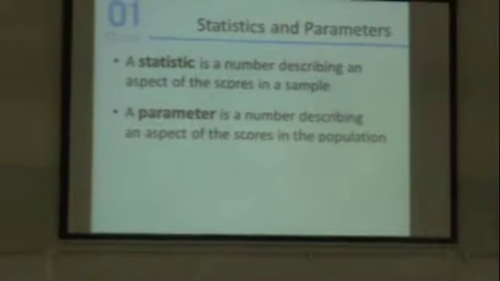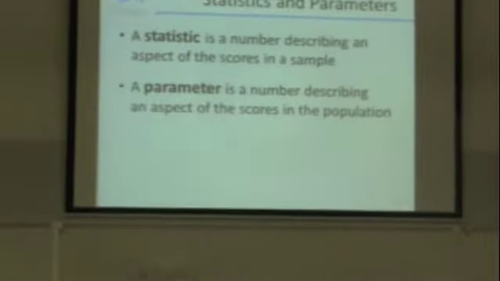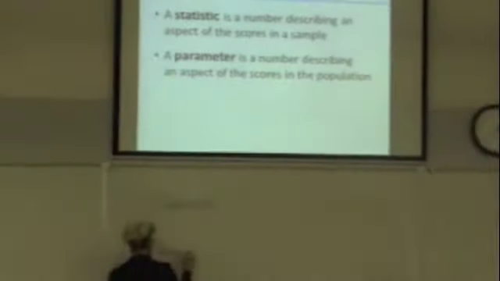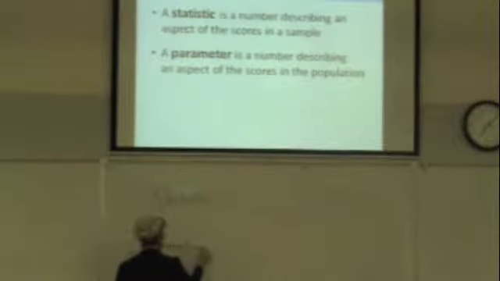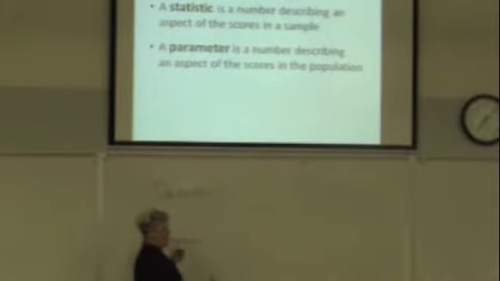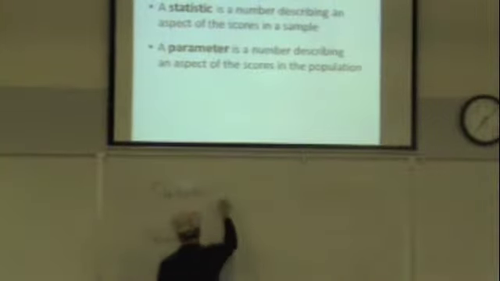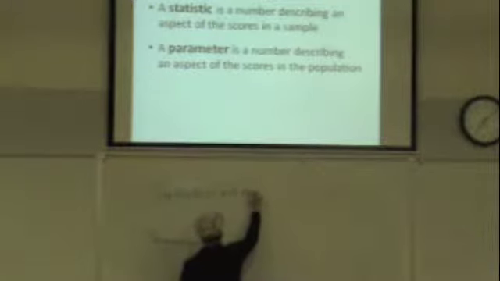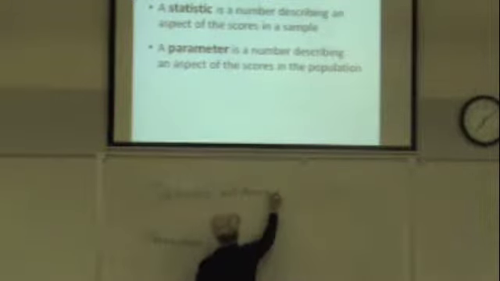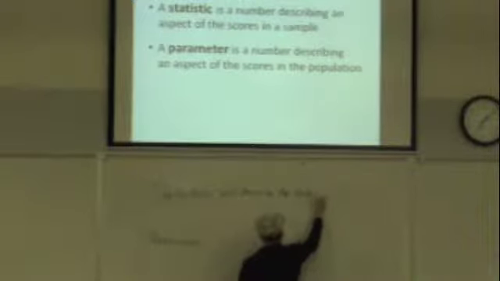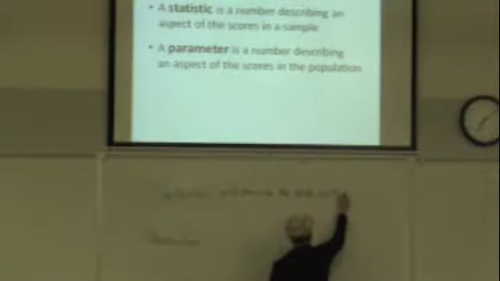First, and then as we get into inferential, we'll work with the parameters. In statistics, you're going to know what the letters are. They're going to be X's and Y's and T's and that kind of stuff. And these will describe the data or scores.